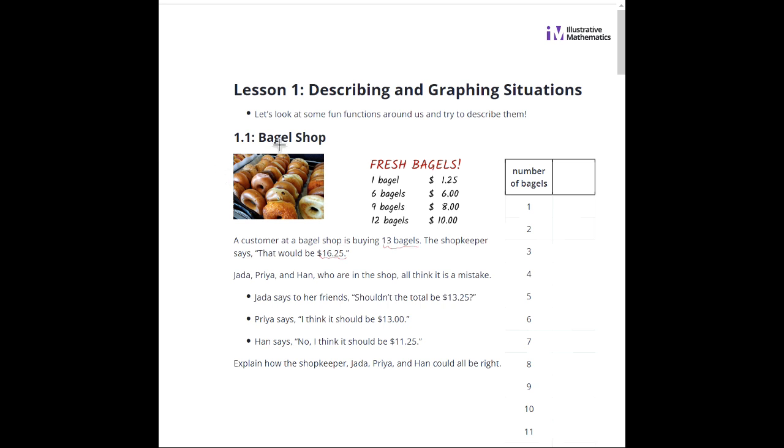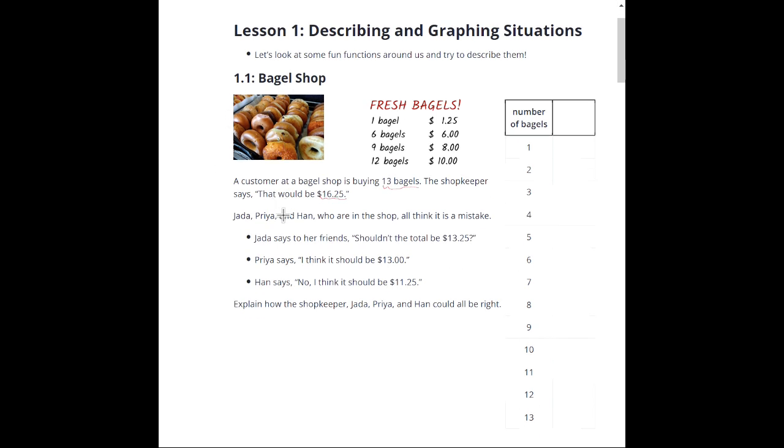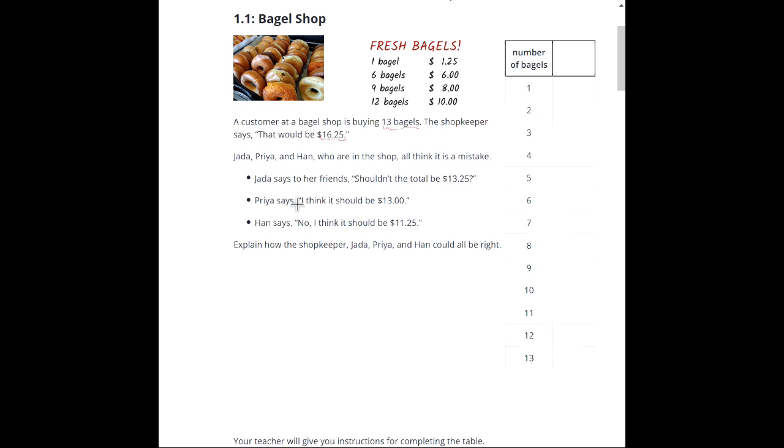Okay, so take just a little bit of time and think about how all of these could be correct, and then we'll go over some solutions for that. So the shopkeeper multiplied the price of one bagel by 13, which gives $16.25.